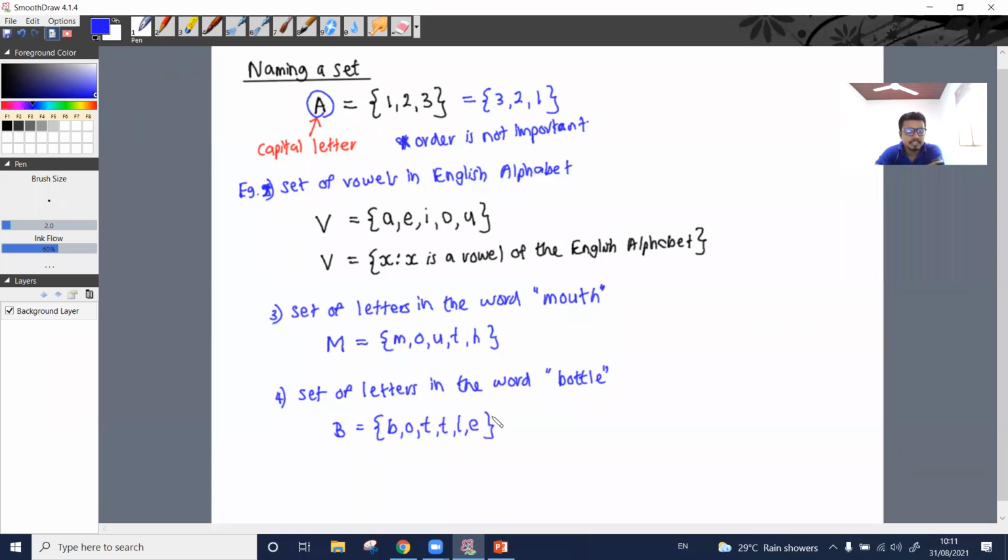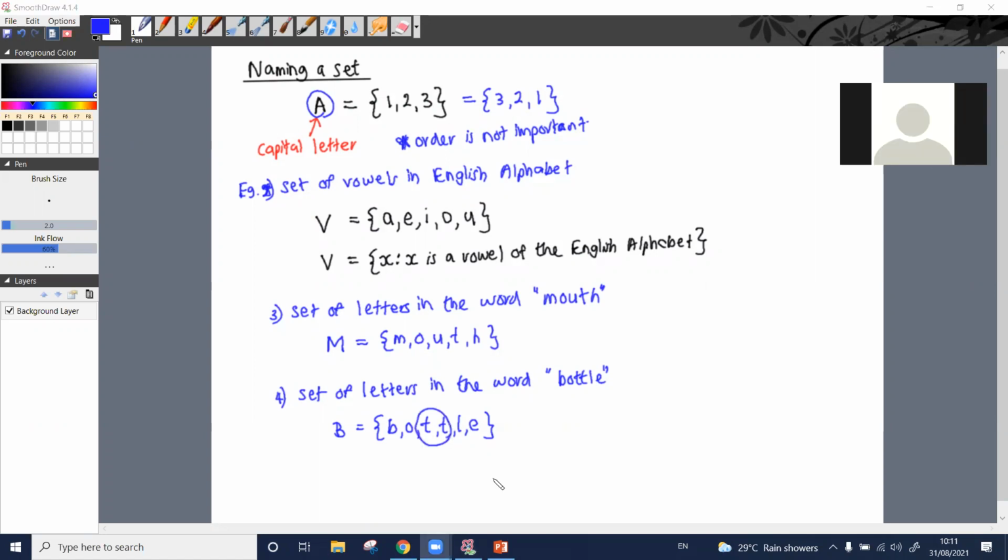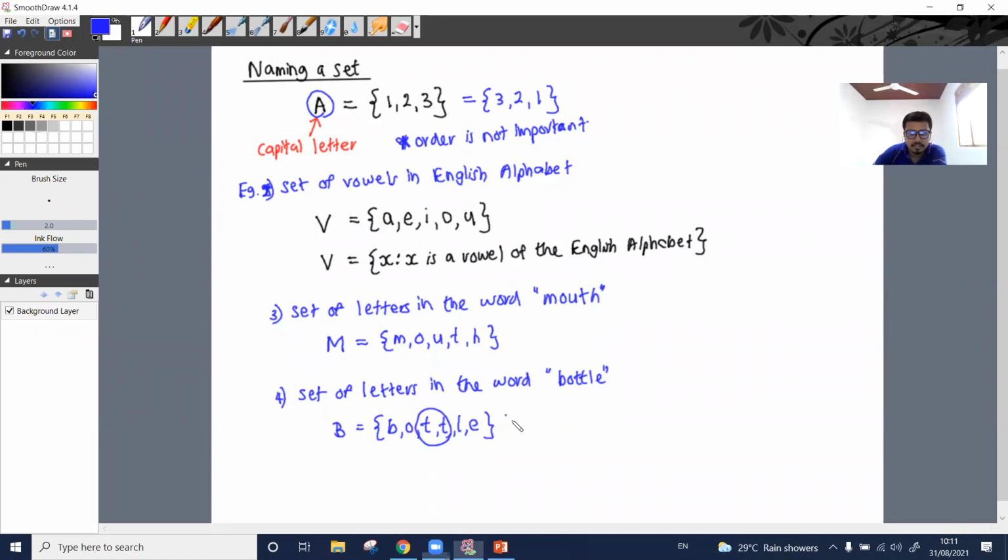Is it correct? If I write this set in this manner, is it correct? No. Why is this wrong? We cannot repeat the elements in a set. Yes, there are two T's, right? This is wrong then. So how should it be?